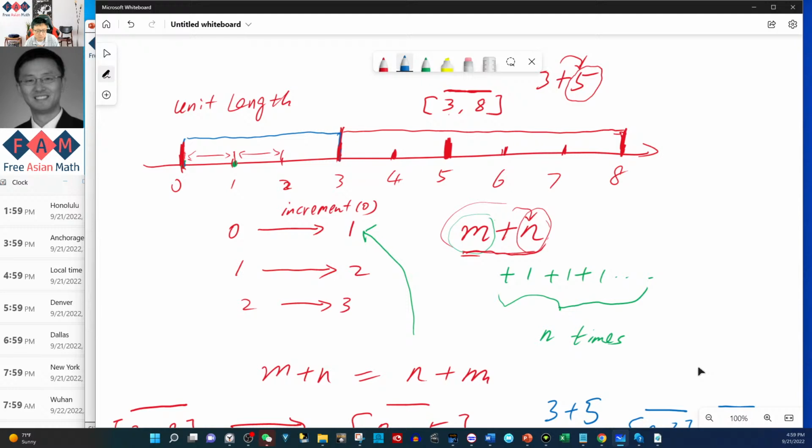Okay, so this is nothing but an intuitive explanation. It's not a rigorous proof. If we do have mathematical induction available, this can actually be rigorously proven. But that's beyond what we need to know.